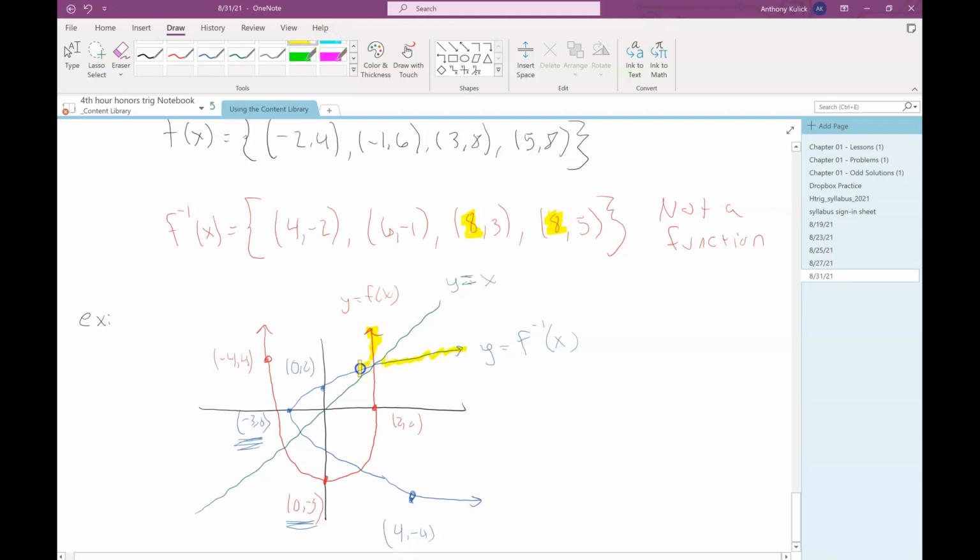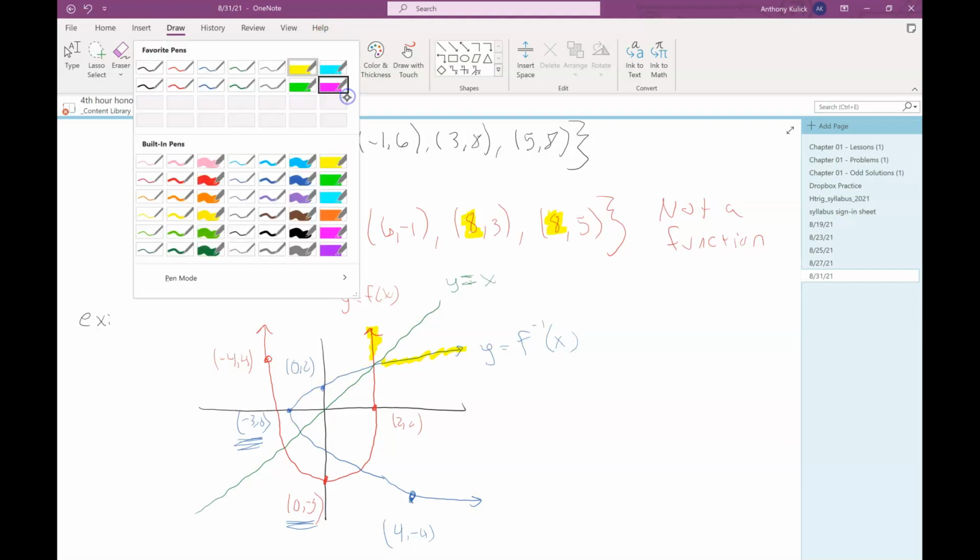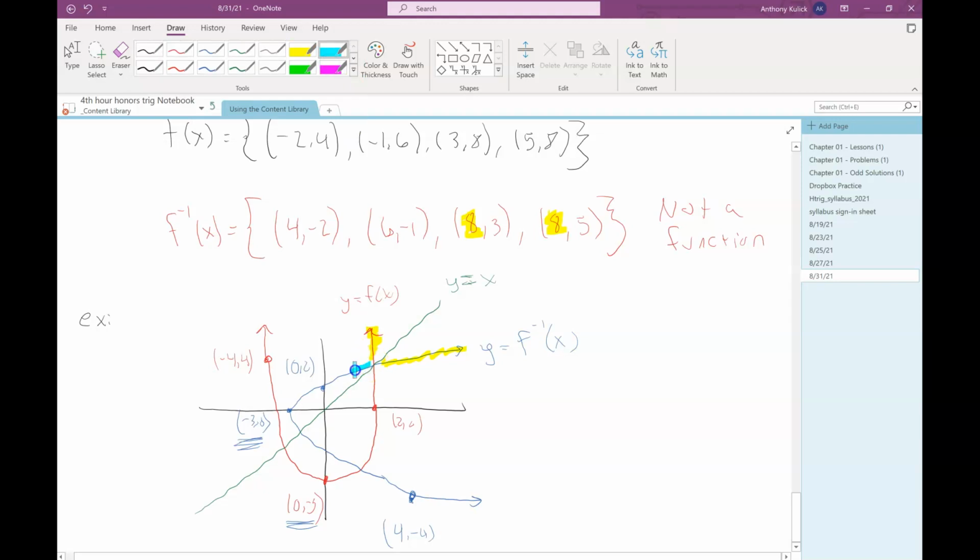Or this part of f would make like this part of f inverse when we reflect it. And then like this part makes like that part when we reflect it. So I think it's easier to do the points, which is why I showed you that first, but it's worth mentioning that you can do it the same way.